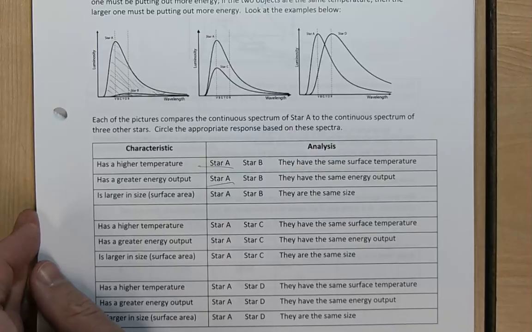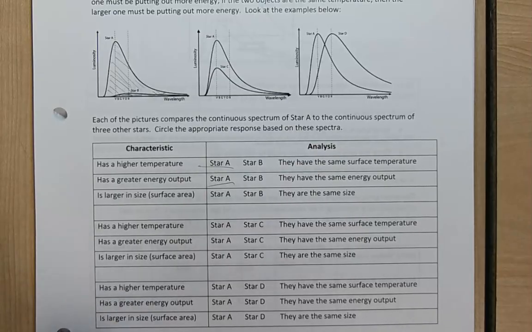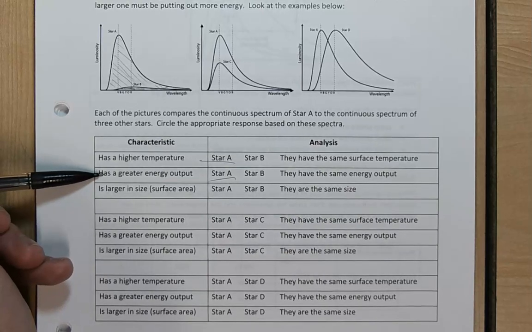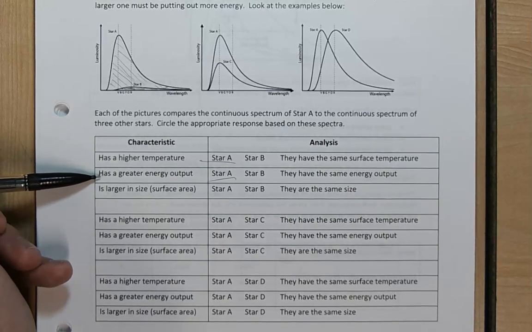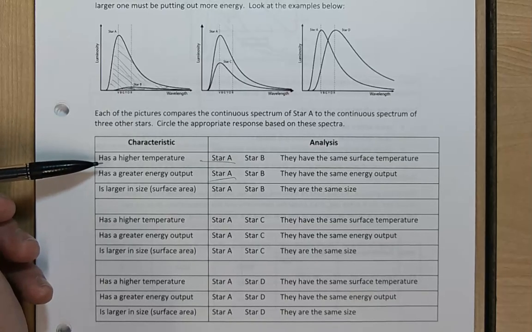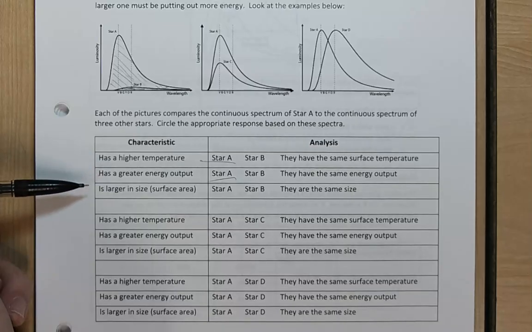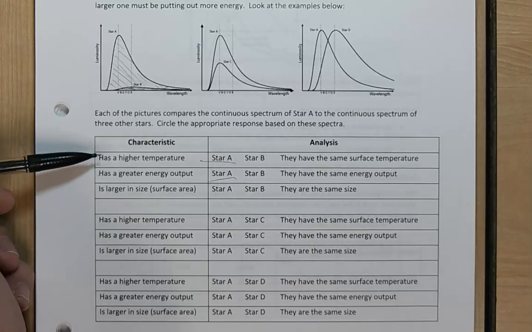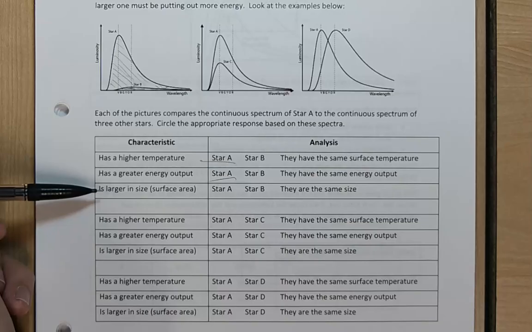Which one's larger in size? Well, does star A have a higher luminosity because it's bigger or because it's hotter? Well, we know it's hotter. We certainly know it's hotter. It doesn't have to be larger, right? Maybe the fact that A is brighter is purely because it's hotter and not because it has a larger surface area.